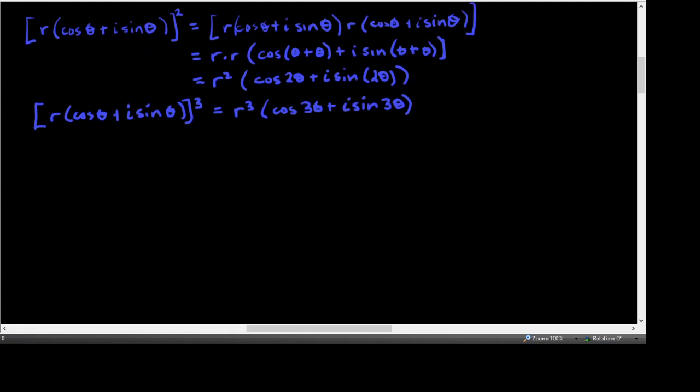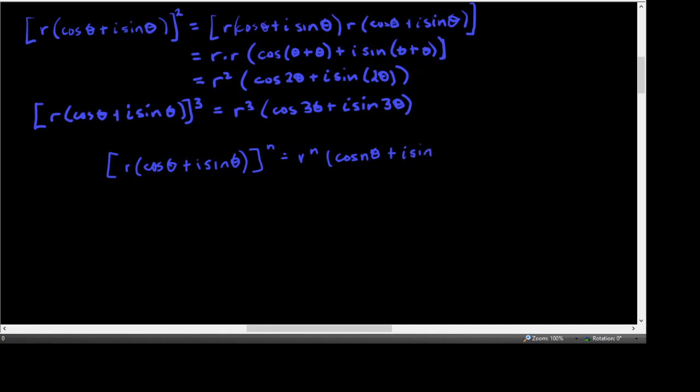So the formula for that is r times cosine of theta plus i sine of theta, to the nth power, will be r to the nth times cosine of n theta plus i sine of n theta.